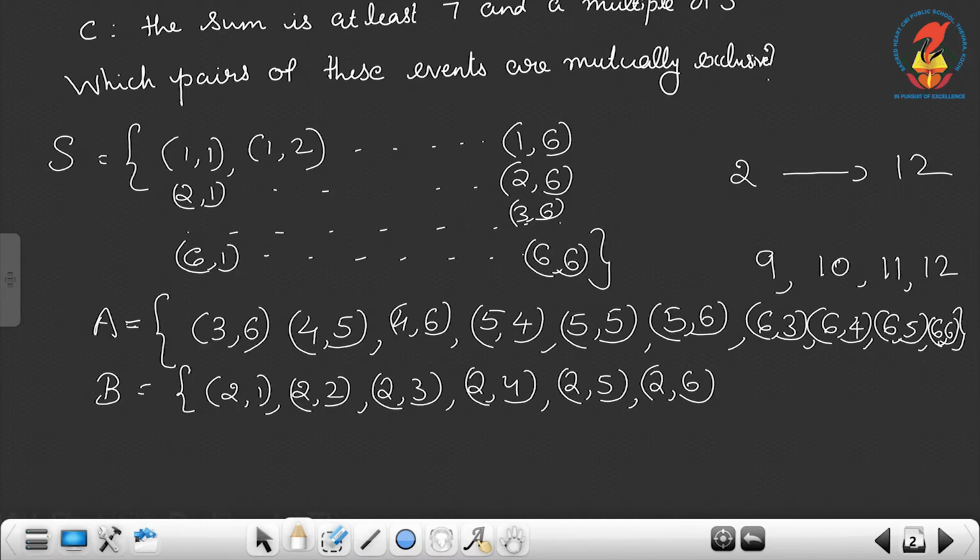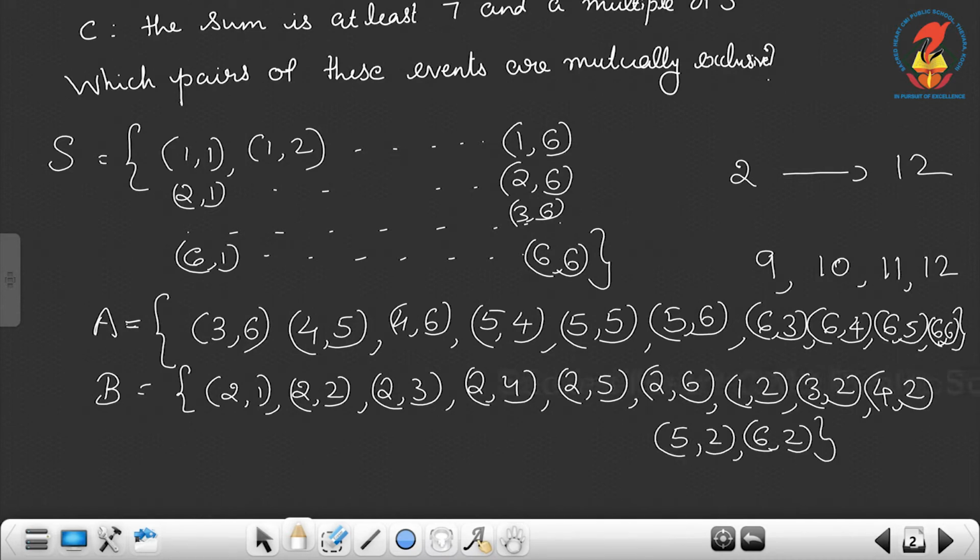Here 2 is in the first place, and in (2,2) both places. Now 2 in the second place: (1,2), (2,2) already there, then (3,2), (4,2), (5,2) and (6,2). So that is B.